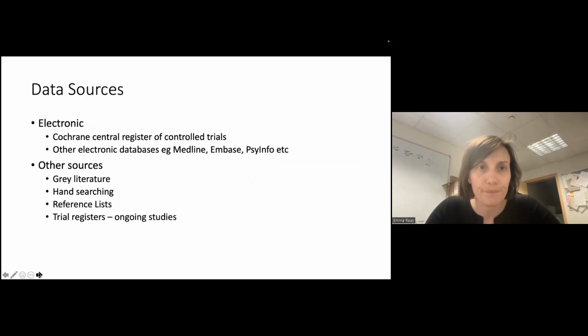So the data sources can be either electronic or other. The electronic sources include the Cochrane Central Register of Controlled Trials and other electronic databases which you'll all have heard of, such as Medline and Embase. Then there are other sources: the grey literature, hand searching data, reference lists and trial registers, looking at ongoing studies and what their results are showing.